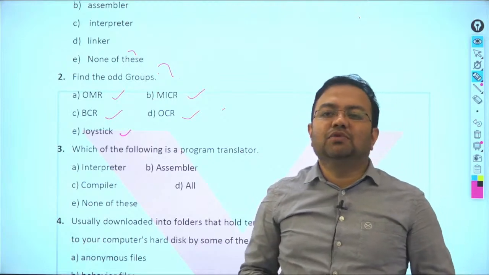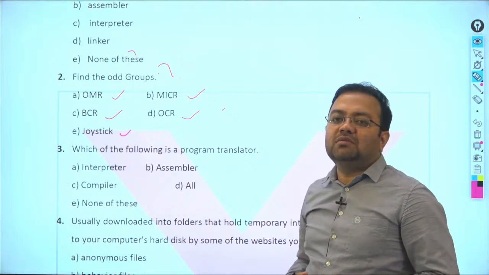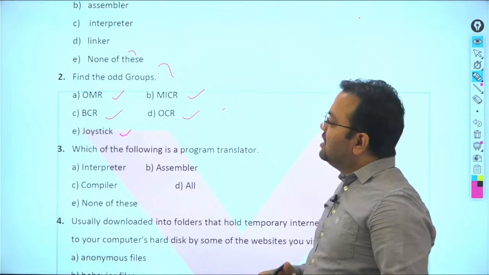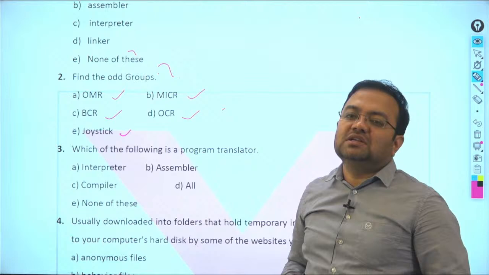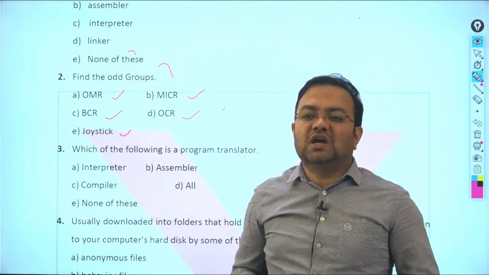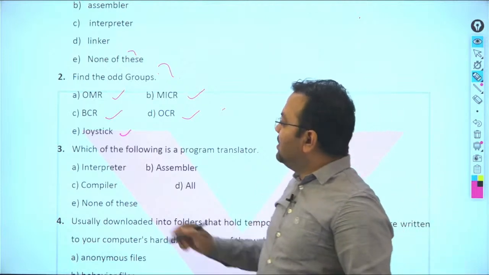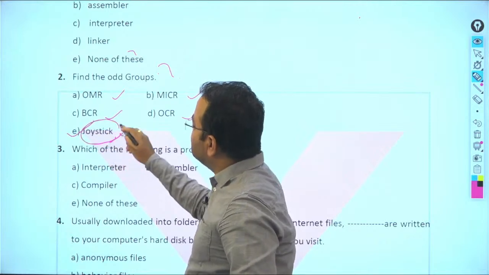These are examples of scanning technology. OMR stands for optical mark recognition, MICR is magnetic ink character recognition, BCR is barcode reader, and OCR is optical character recognition. These are the scanning technologies basically used in order to scan different types of documentation as well as reports. But option E, joystick, is not a scanner, it is a pointing device.